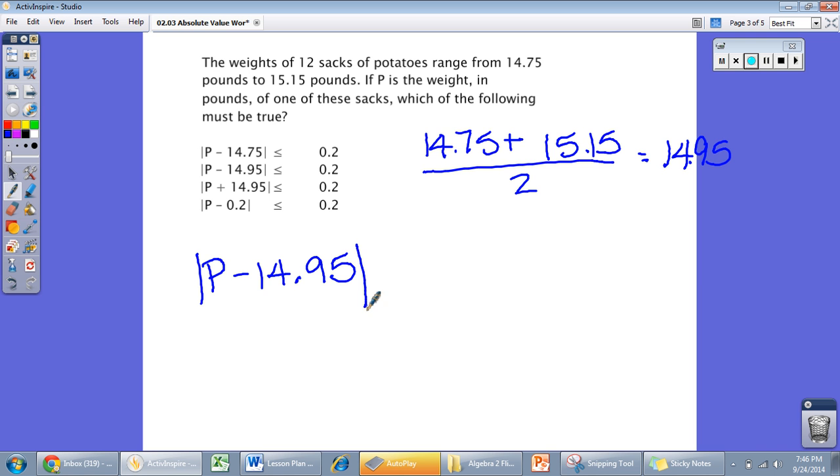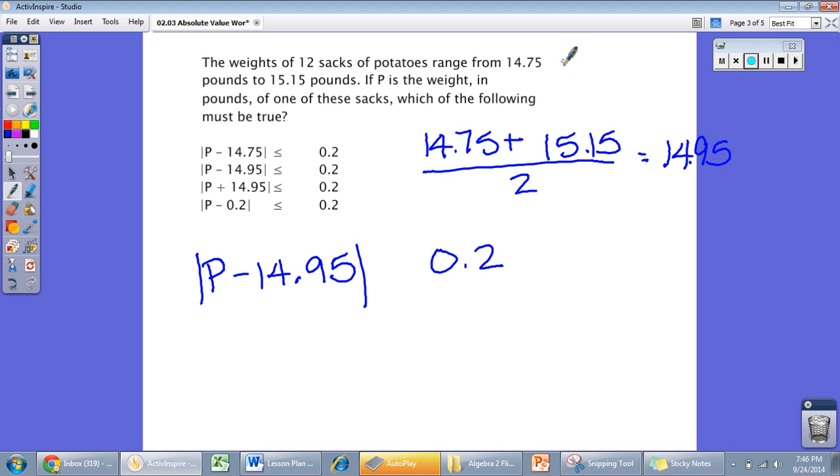14.95. And we can see all the answer choices are 0.2 as far as the tolerance, because once again, if we take 14.95 and subtract 14.75, we get 0.2. And if we take 15.15 and subtract the average, we also get 0.2. So we know that's our tolerance.